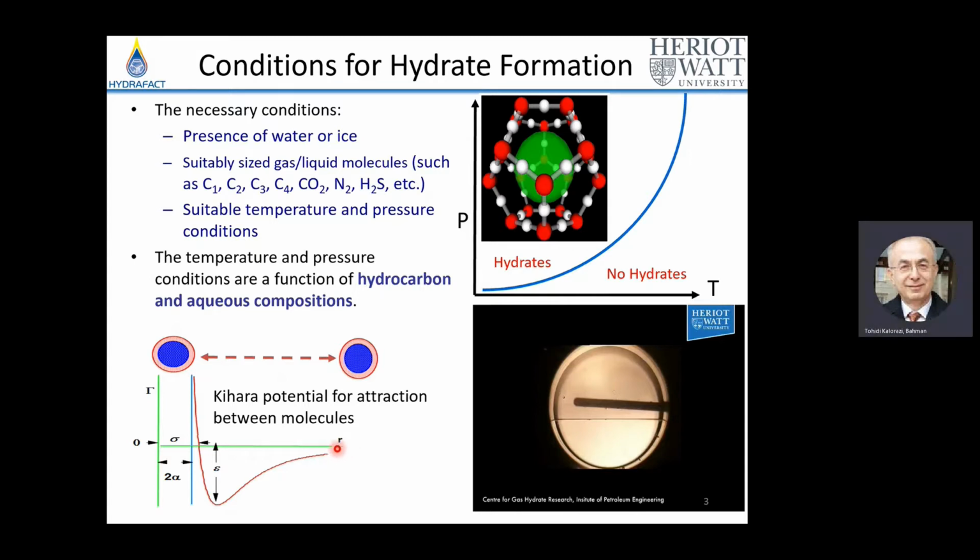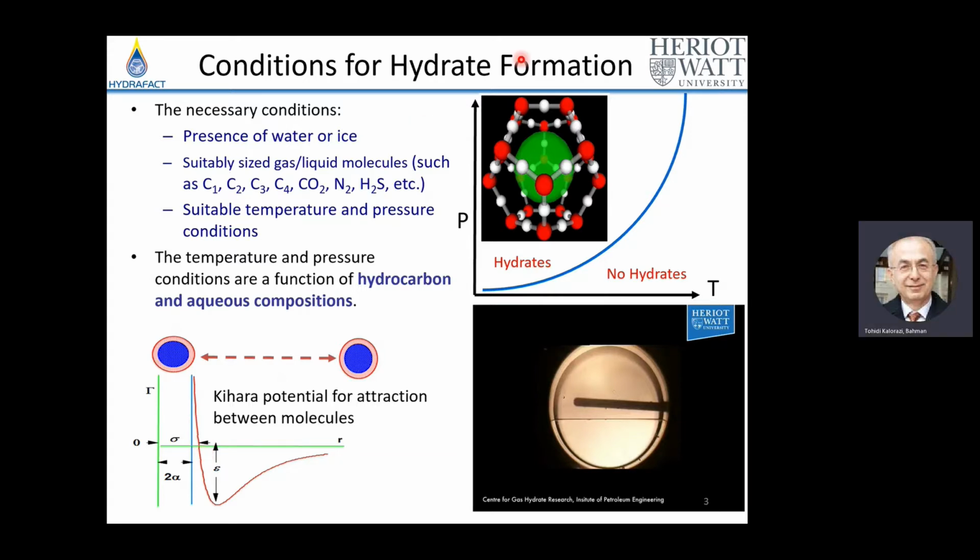When they get close to each other, there will be a shift in electron clouds. So part of the molecule becomes positive and part of it negative, so they attract each other. When they get too close to each other, they will repel each other.